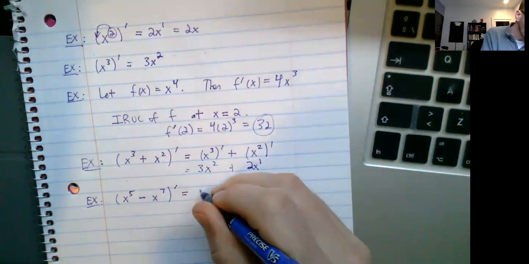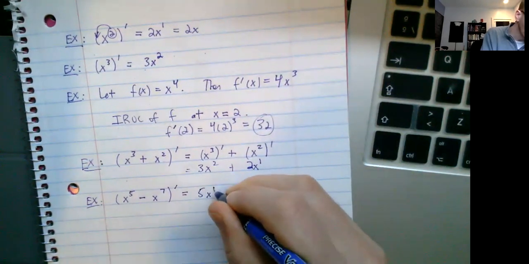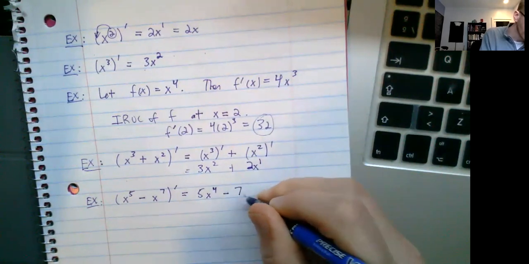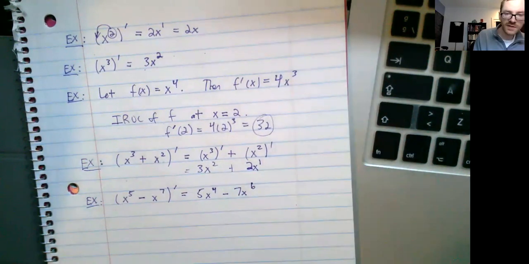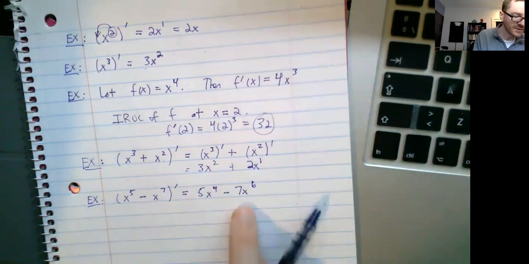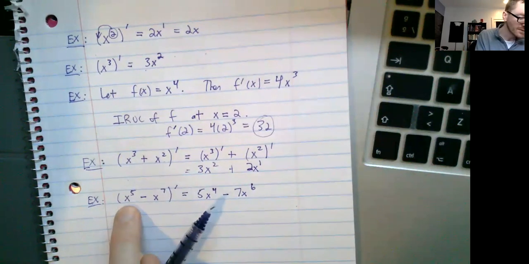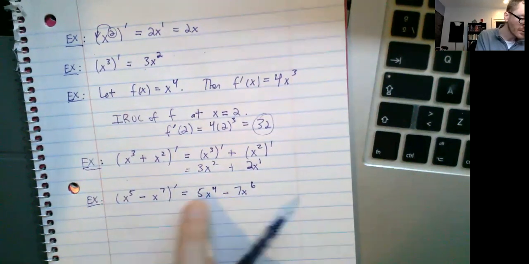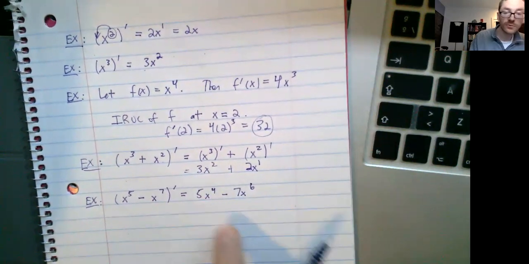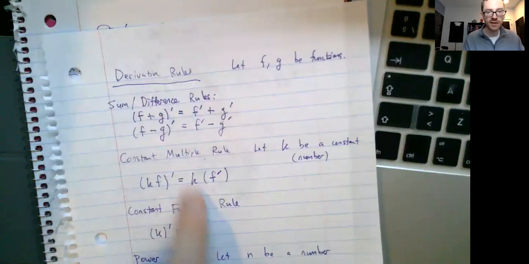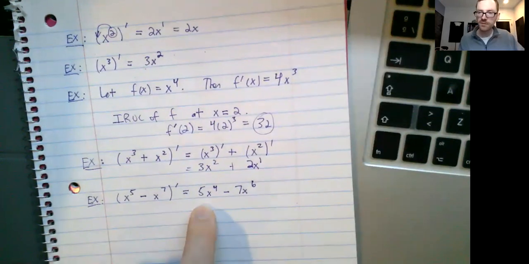So that's 5x to the 4th minus 7x to the 6th. I'm just using the power rule on each term separately. So I hope it's beginning to be clear that even though these rules are pretty abstract, the problems themselves are pretty straightforward.